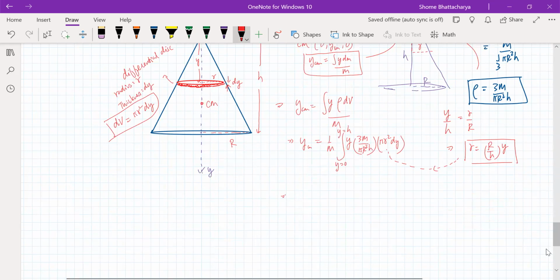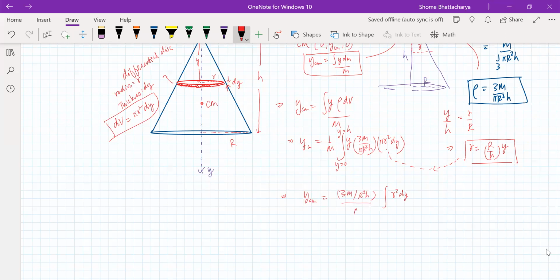First of all, let me take all these constants outside. So 3M comes outside, the pi cancels, and R square h in the denominator comes outside. We are left with the integration of r squared dy, from y equal to 0 to y equal to h. Now I'll substitute this over here.